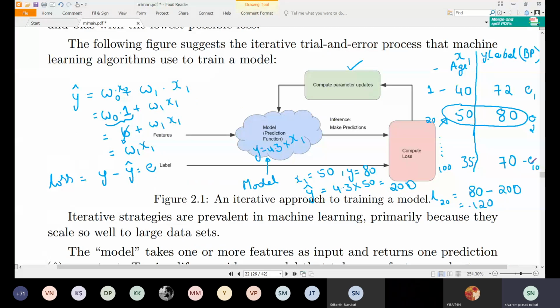Then under square root, E1 square plus E2 square plus E3 square, like that, E100 square divided by total number of examples, 100, gives you the root mean square error for this model.